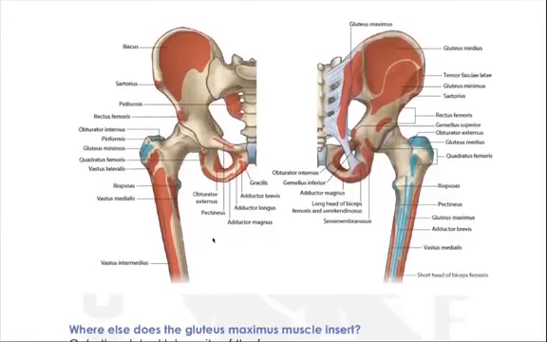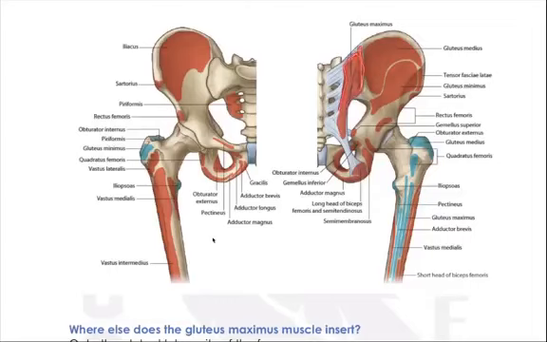On the posterior aspect, you can see this was the posterior gluteal line, right? It was the posterior gluteal line, it was the anterior gluteal line, and it was the inferior gluteal line. So in between, behind the posterior gluteal line, you can have the origin of the gluteus maximus.